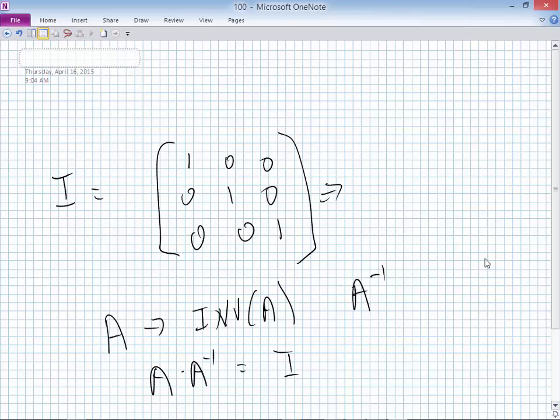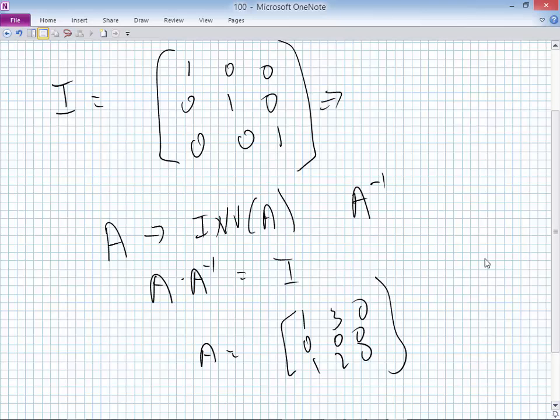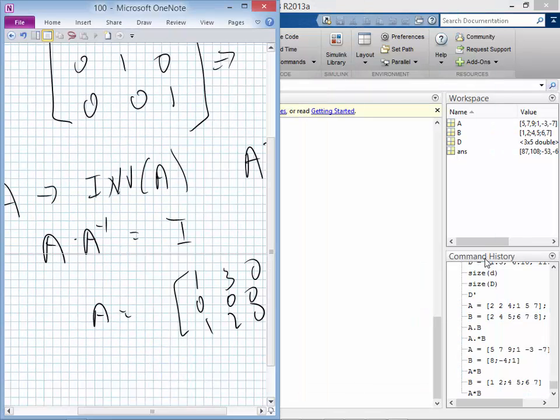But if I took a matrix, for example, A is equal to 1, 3, 0, 0, 0, 0, 1, 2, 0, and try to find the inverse of that, it may not exist. I don't think this one does. I'll just stick that in there and see.